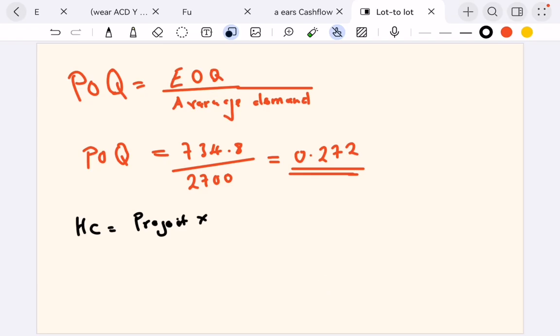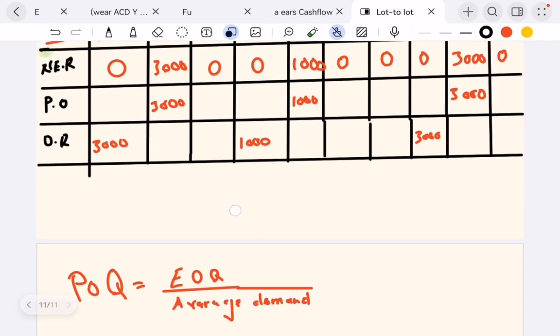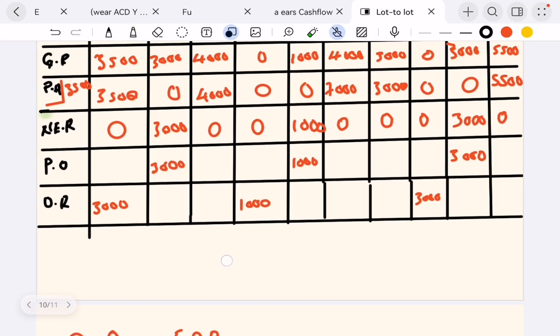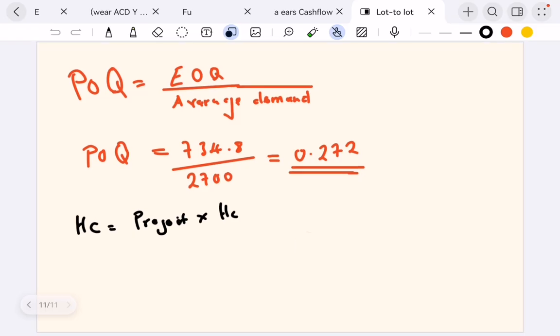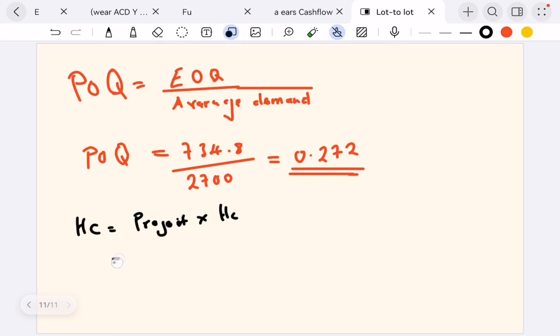So for the projected, we add these numbers except for 3,500 because it was just projected. So we have 4,000 plus 7,000 plus 3,000 plus 5,500. What is it giving us? 19,500 times the holding cost, which is 39. So the holding cost will just be this.